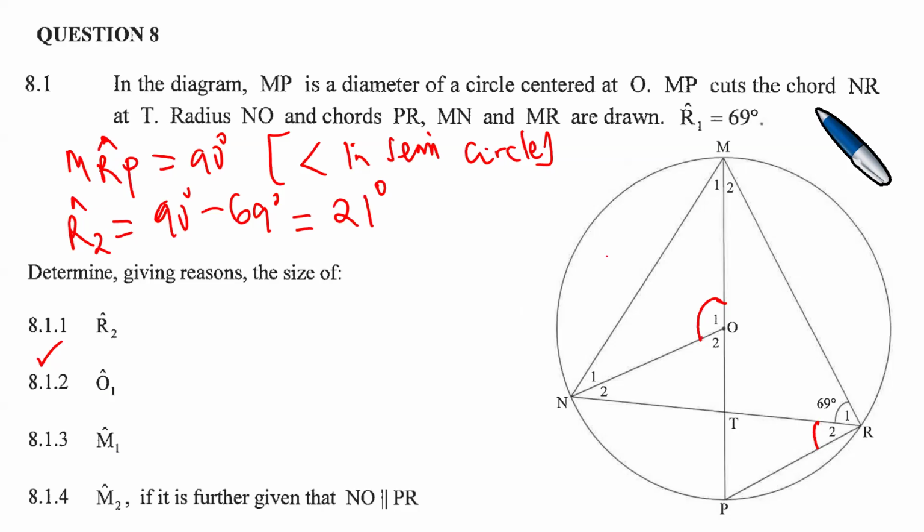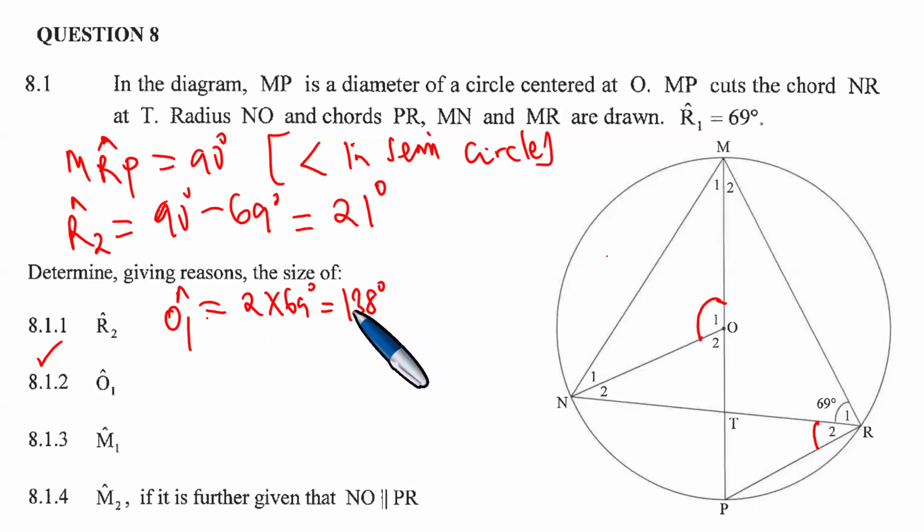How far is it? I'm just about done. Okay, angle O1 equals 138 degrees. The angle O1 equals 2 times 69 degrees, and 2 times 69 is 138 degrees.